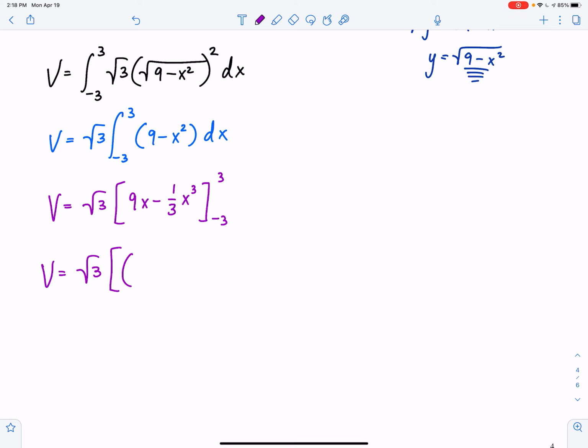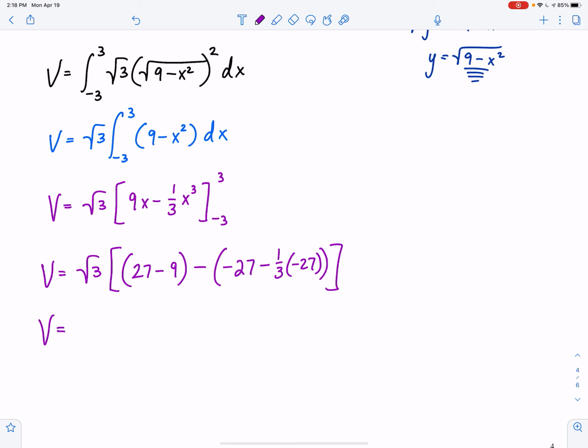I have 9 times 3 is 27, minus 1/3 times 3 to the third, that's 1/3 of 27, which is 9. Minus, now we're going to plug in negative 3, so negative 27 minus 1/3 of negative 27.